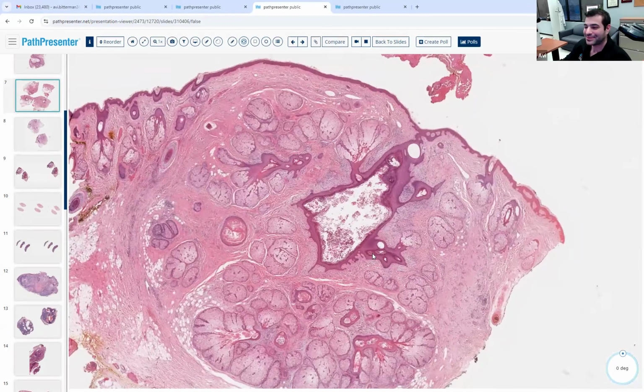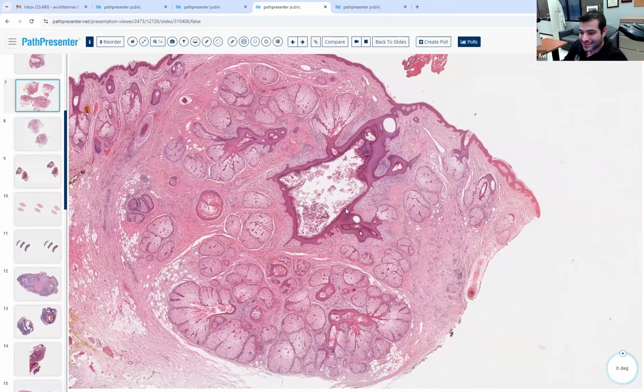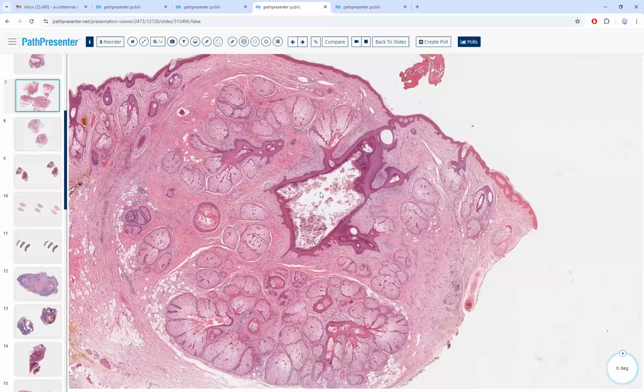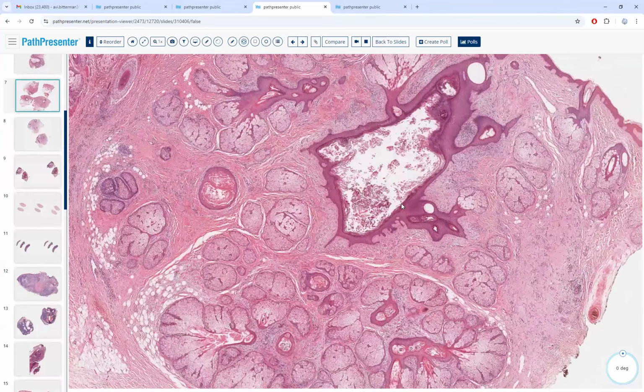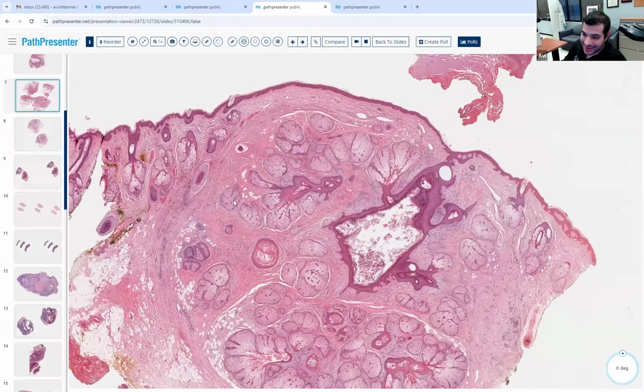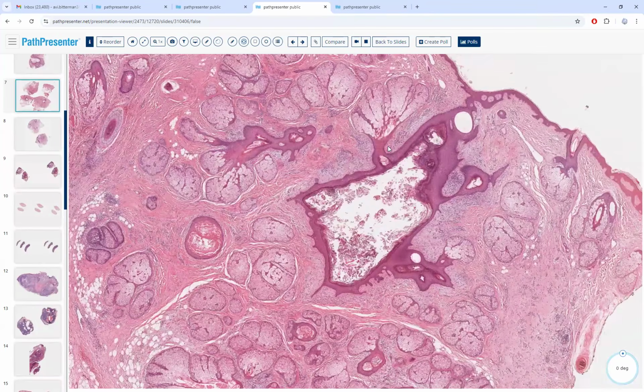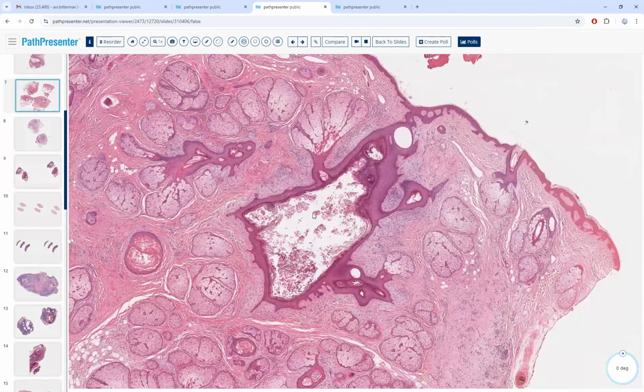What about this one? It looks like sebaceous hyperplasia. Okay, so there are definitely large sebaceous glands. Is there anything else? There's a cyst. Trying to see the wall of the cyst.